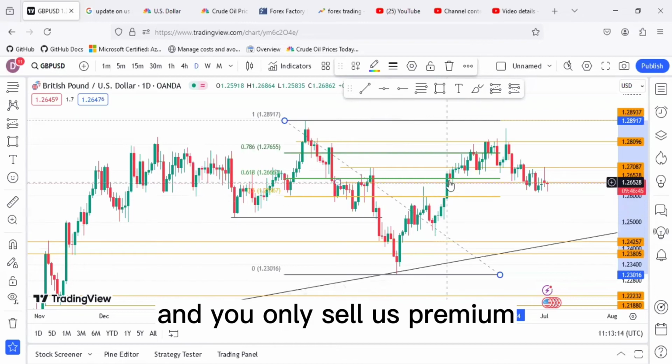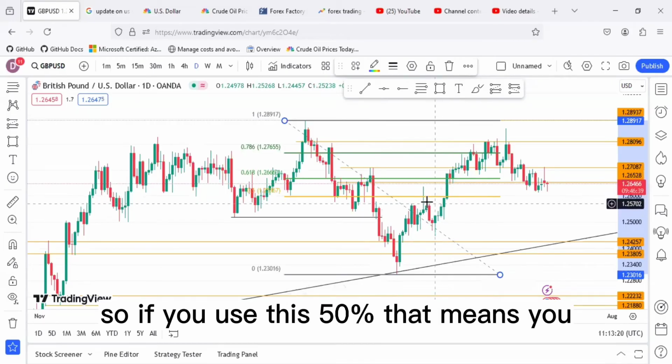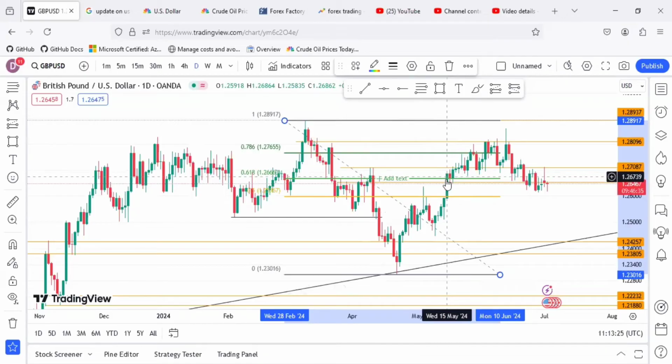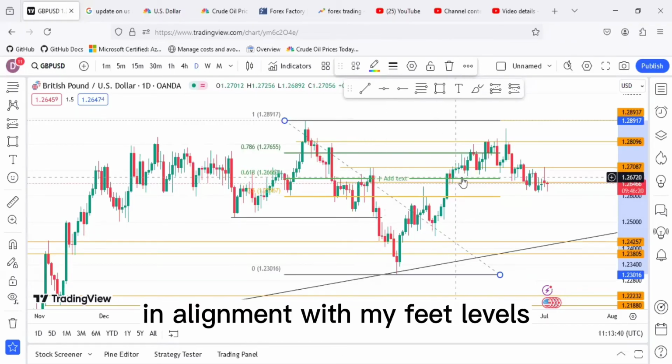And you only sell at premium while you buy at discount. So if you use this 50%, that means you are still not yet at premium. So 61.8 is already at premium, while 78.6 is also at premium. So I recommend 61.8 and 78.6. Now this particular supply is actually in alignment with my fib levels.